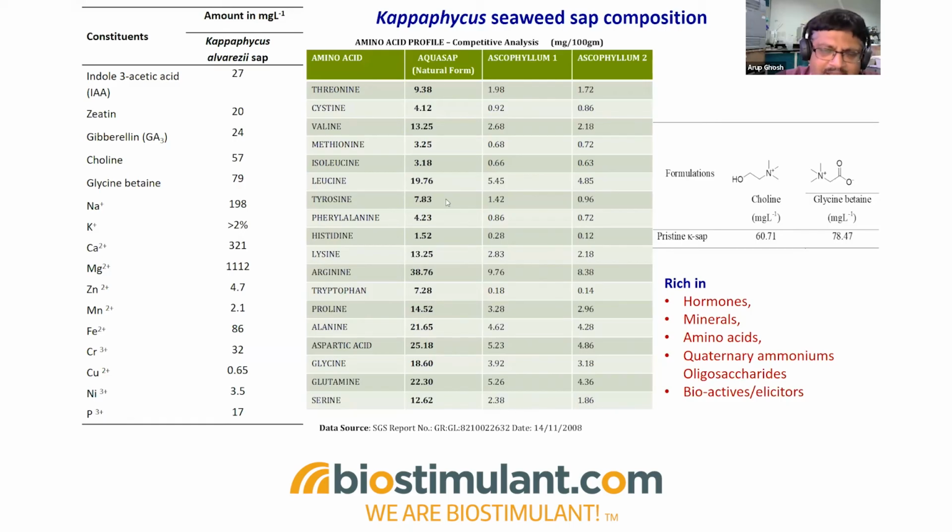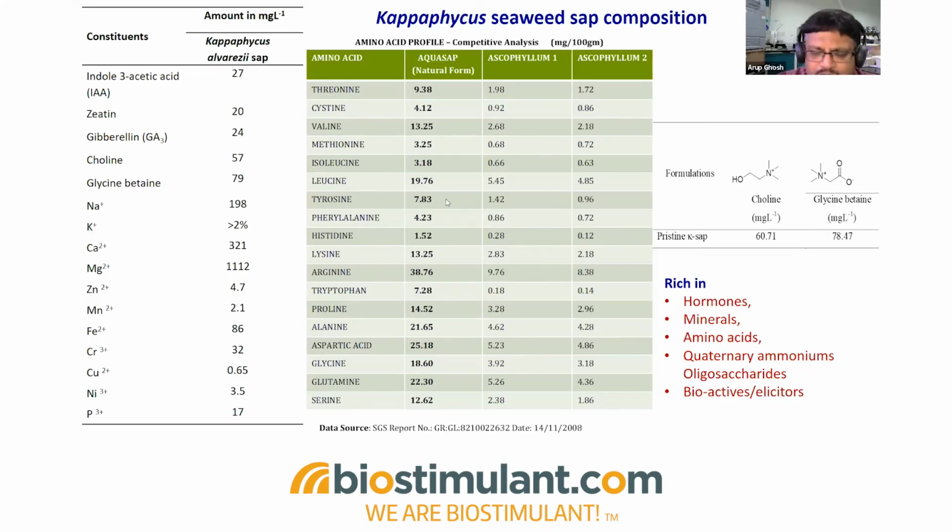So we have done an elaborate analysis of all these biostimulants from different seaweeds, and we found that indoleacetic acid, that is auxin, zeatin, and gibberellin are found in significant amounts when we use a simple water extract or a simple cold press.